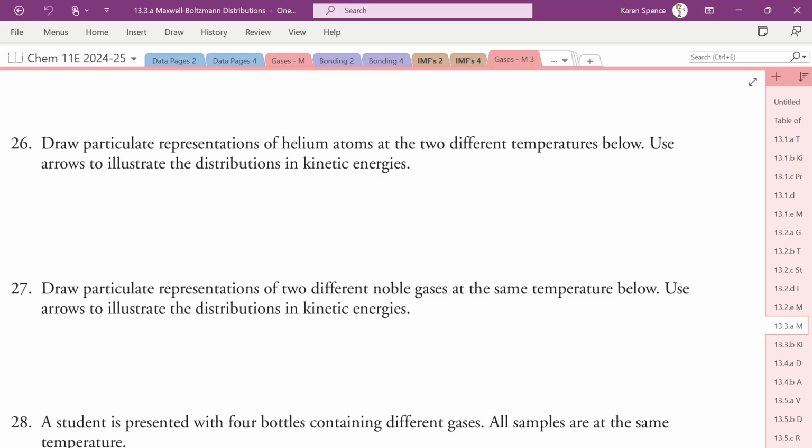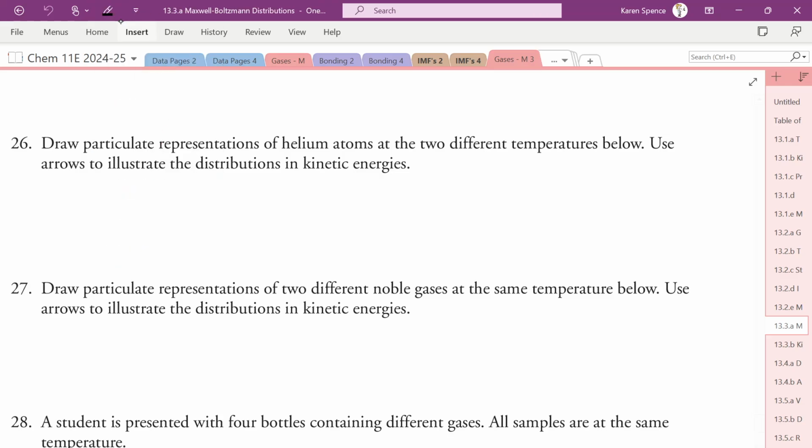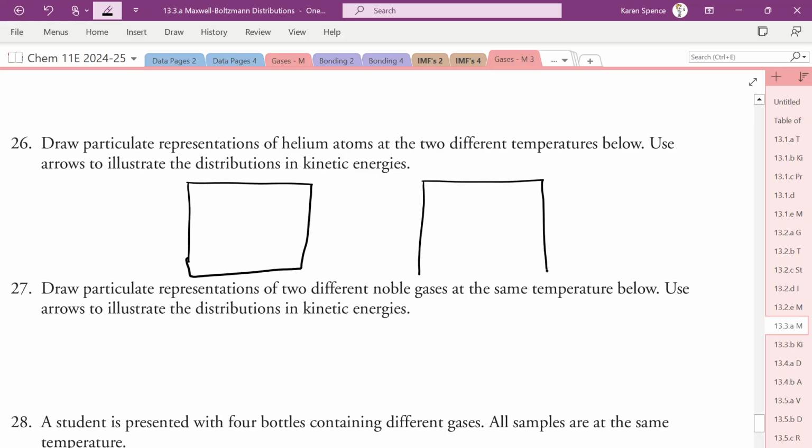We want to draw representations of helium atoms at two different temperatures. So I'm assuming that what they want us to do is to draw like a little box with some helium atoms in it and another little box with some helium atoms in it.